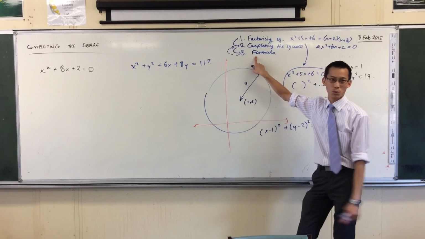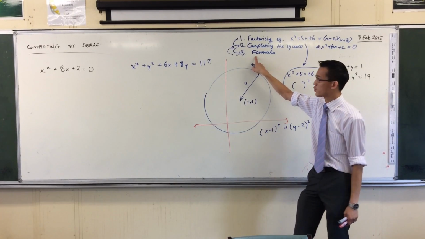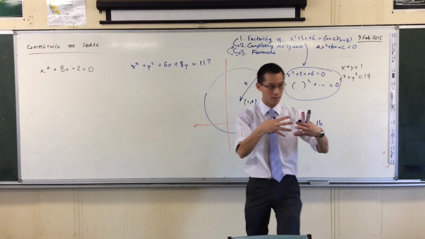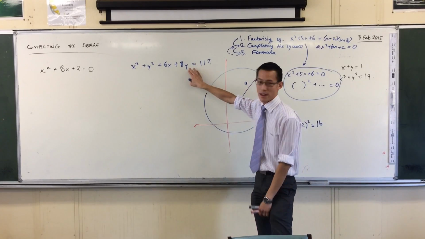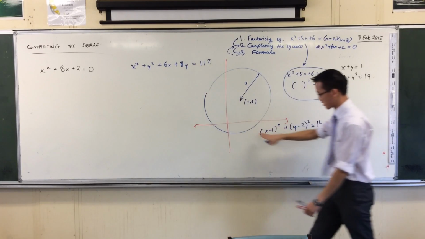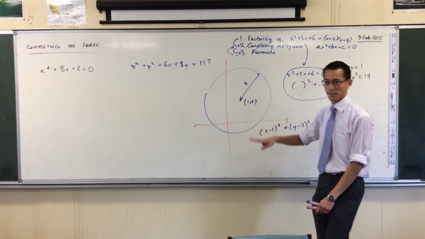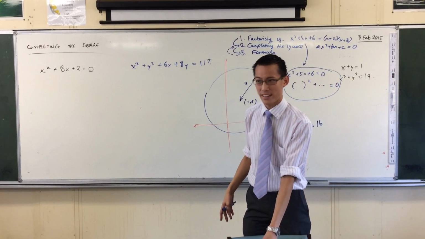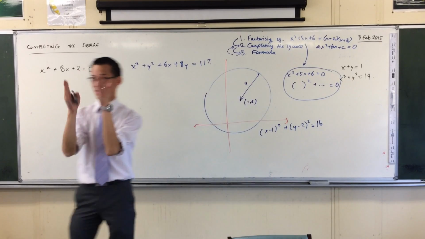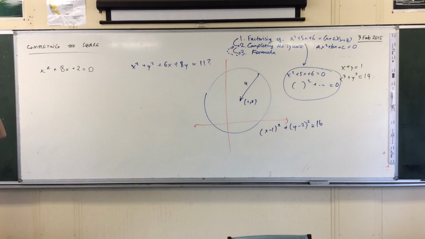The formula will not help you here, because you've got x's and y's and their constants all intertwined. The only way to find out what this actually had come from is completing the square. So that's the point of this. This is revision, but it's kind of not really. It's heading somewhere that is most definitely prelim and HSC.